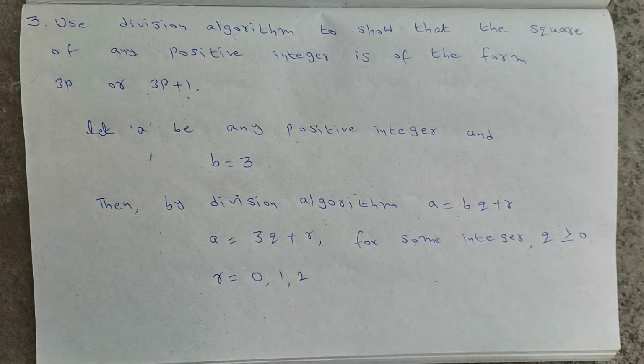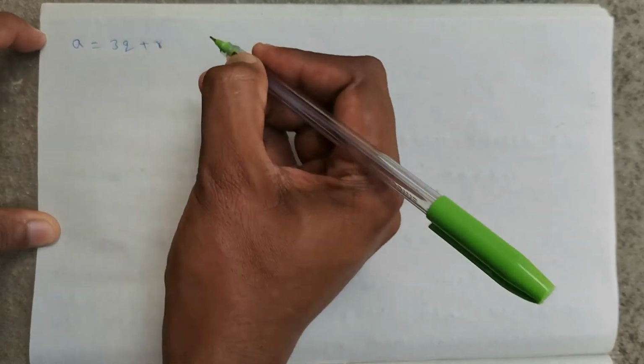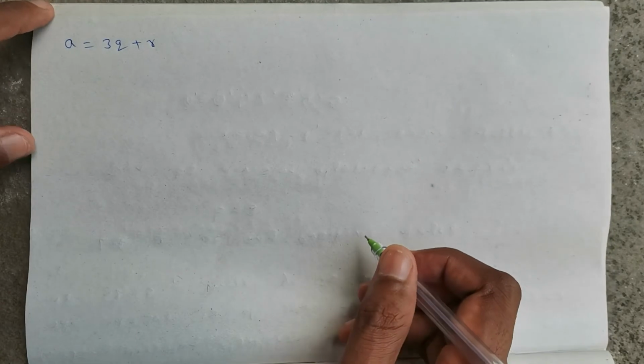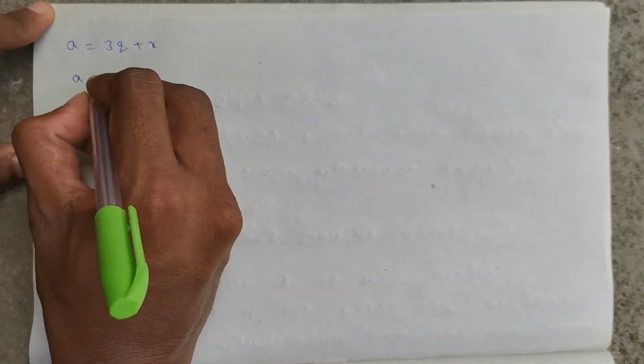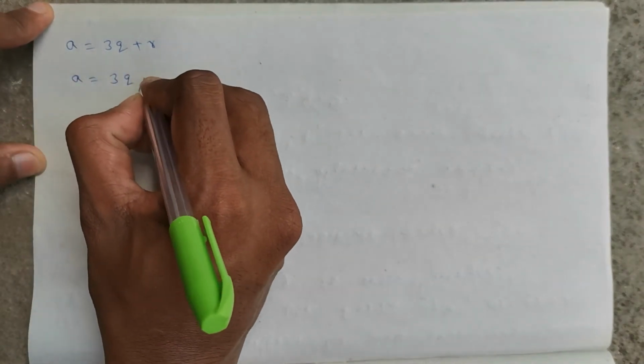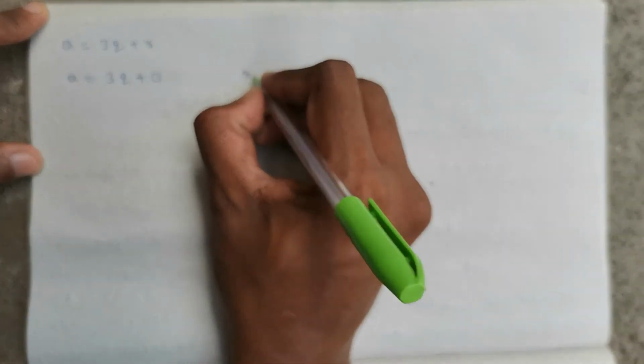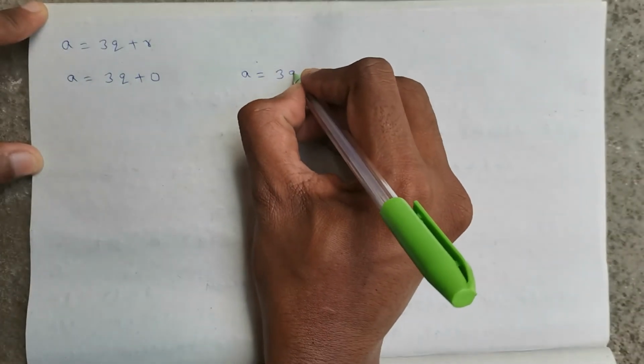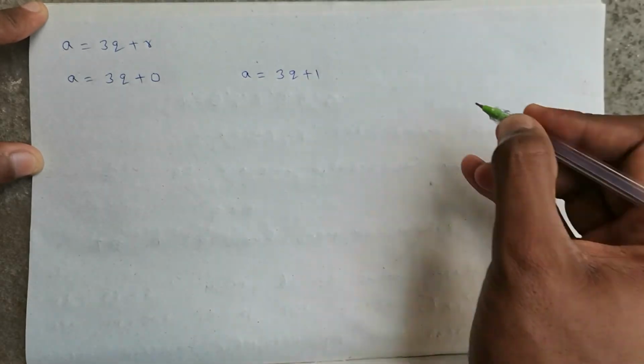Let us substitute that. We have A equals 3Q plus R. So first remainder 0, A is equal to 3Q plus 0. Next remainder, A is equal to 3Q plus 1.